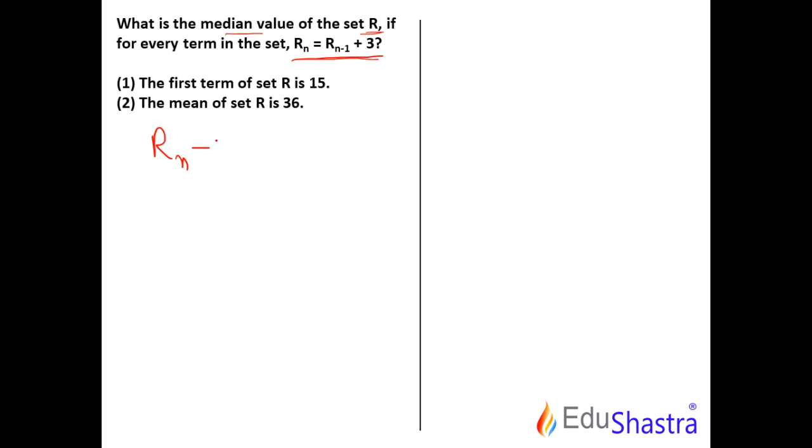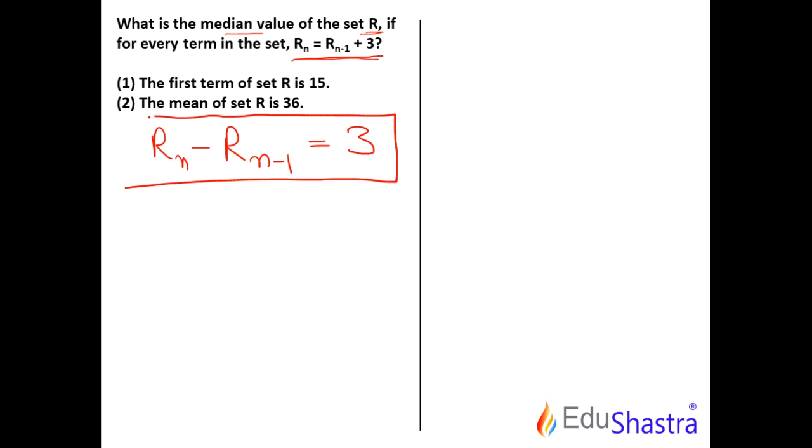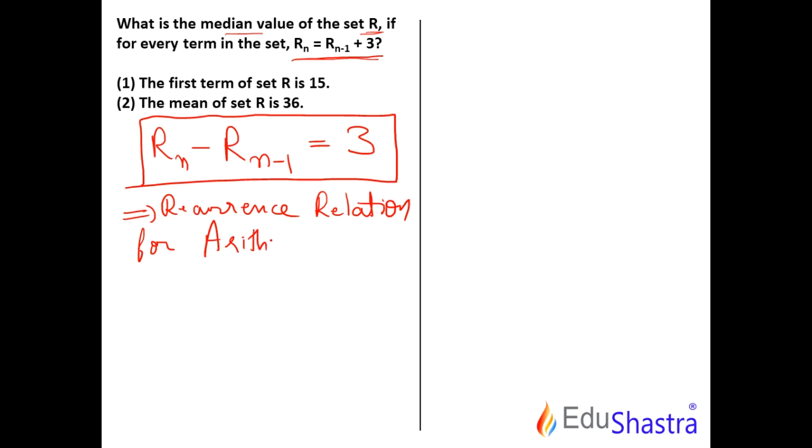If I write it as this, I hope this reminds you of a very famous recurrence relation. This is basically giving you a recurrence relation which gives you an arithmetic progression. So this is the recurrence relation for an arithmetic progression. In other words, your terms in the set R are going to be in AP.